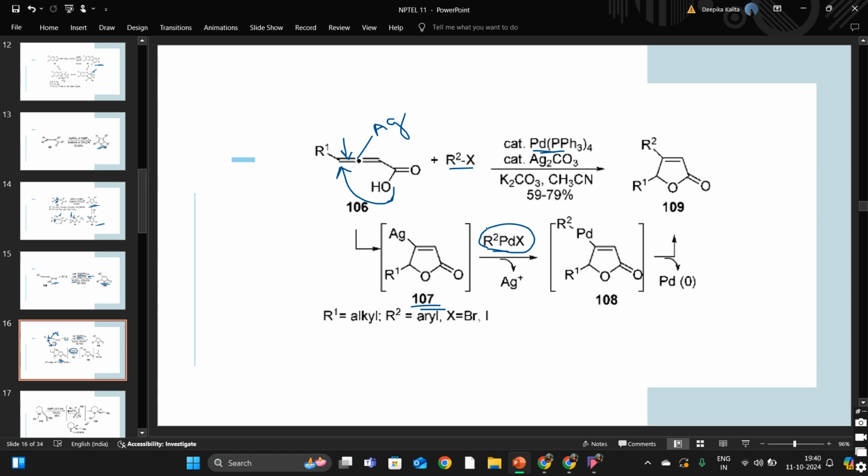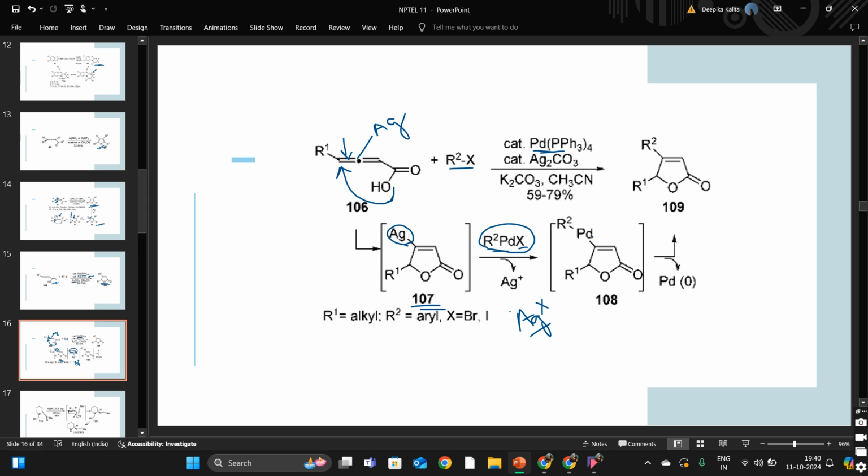So in a similar way here also the R2PdX complex will be generated, and this R2Pd part is going to replace this silver atom. As a result you can see that X from here is going to be knocked out, and silver from this intermediate product is going to be knocked out, and the byproduct formed in the reaction will be AgX. Okay, and this AgX will be the byproduct of this reaction.